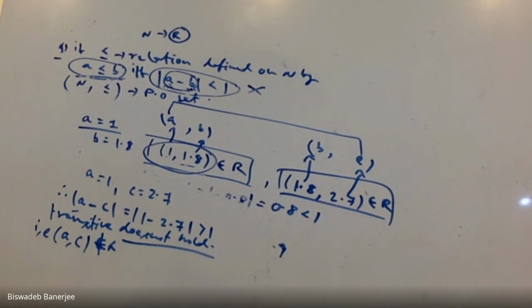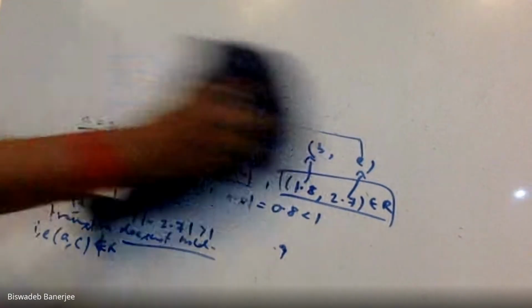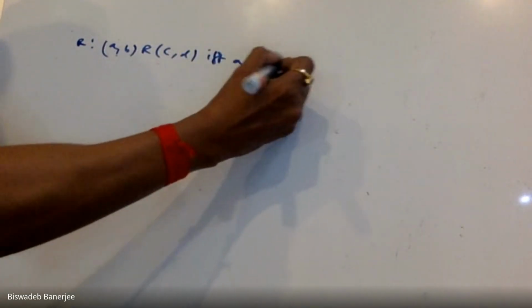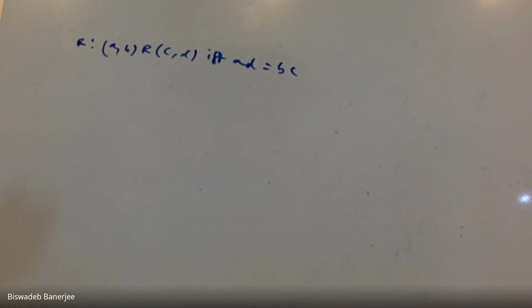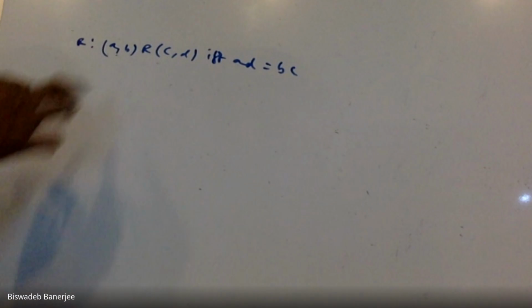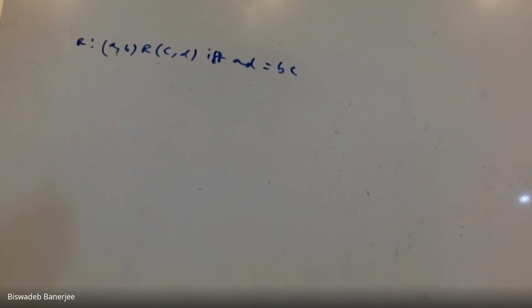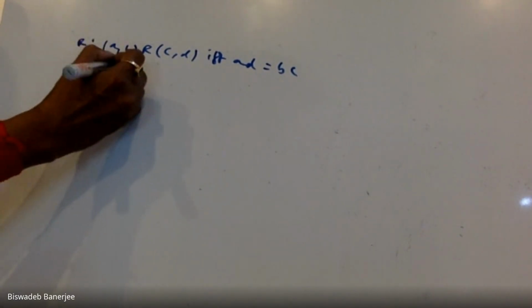Now I'm giving you some homework. Just solve this homework yourself. First homework: a relation R is defined as (a, b) is related to (c, d) if and only if ad equals bc, and our set is the set of all natural numbers.